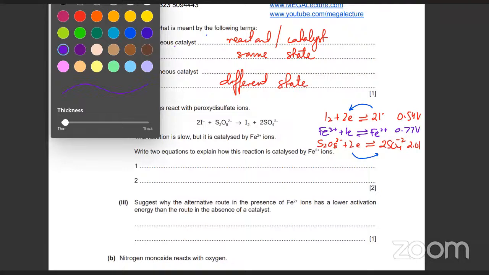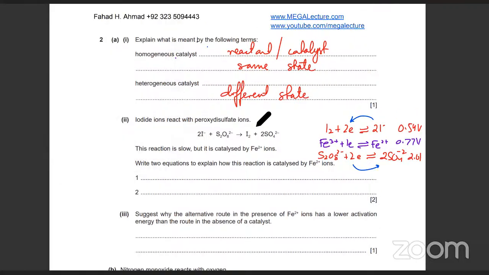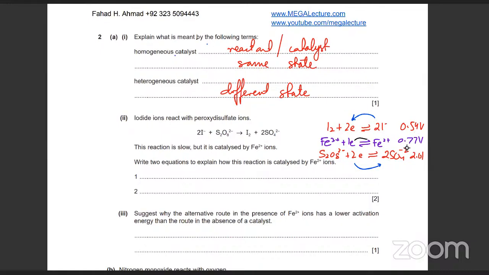So if the iron ions were to react with iodine, they were the higher potential, so they were the ones that would gain electrons. And the iodide lost electrons. Iron reacted with iodide: iron was the higher potential, so it gained electrons; iodide was the lower potential, so it lost electrons.